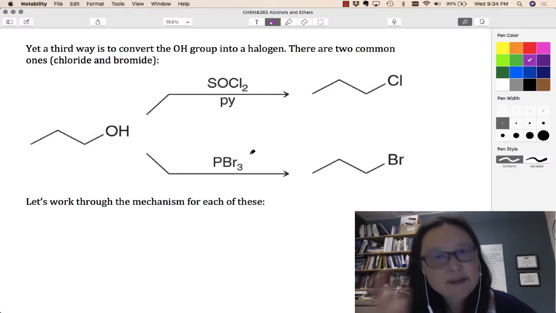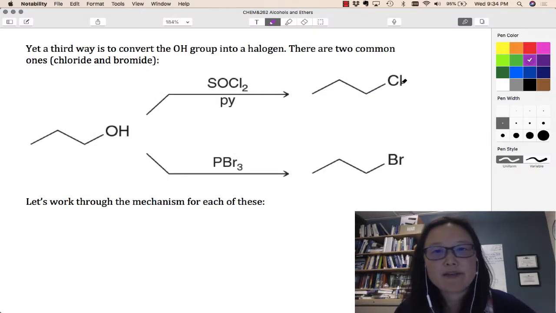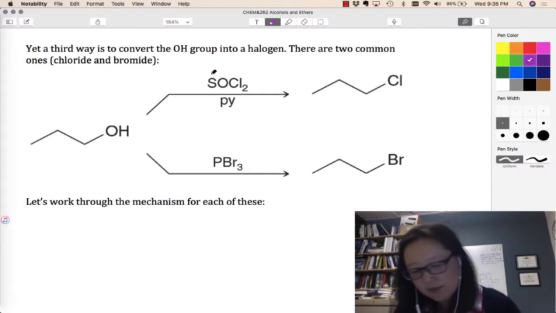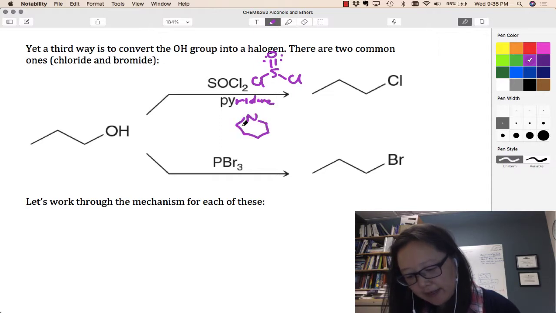Now let's also keep in mind we can change it to a halogen, which is also a good leaving group. So there are two halides that we tend to use, chlorides and bromides, which are both good leaving groups. So the first one is to use something called SOCl2. It looks like this. And this PY or pyridine is the solvent, and that looks like a benzene ring but with a nitrogen in it.